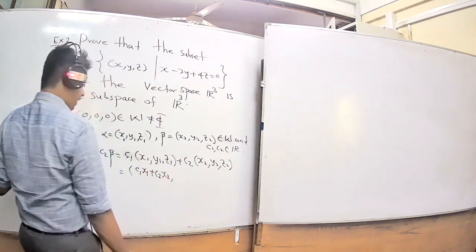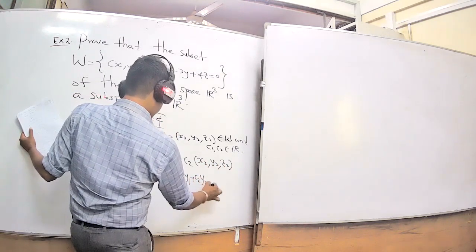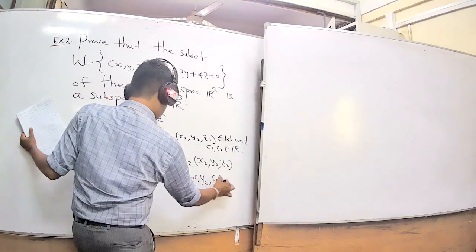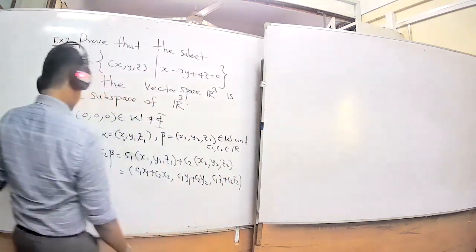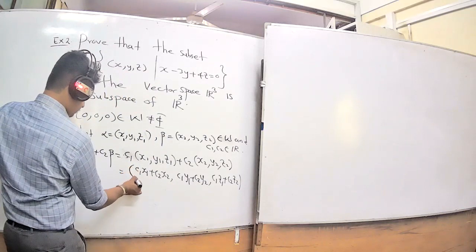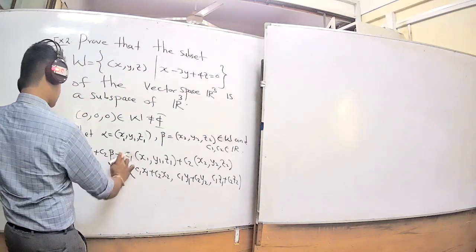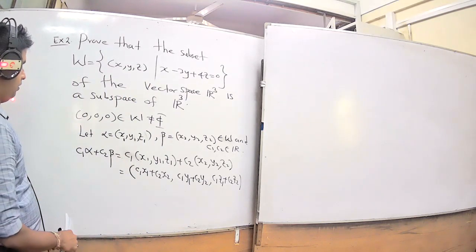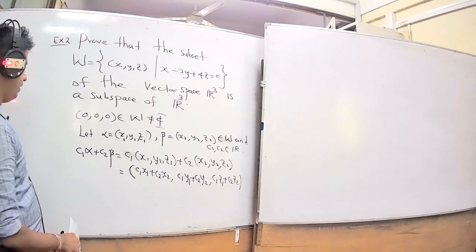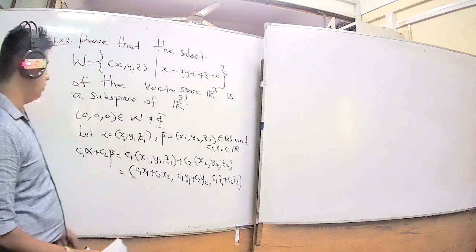Coordinate-wise you can add: c1 y1 plus c2 y2, c1 z1 plus c2 z2. Now your claim is you want to show that c1 alpha plus c2 beta belongs to W.